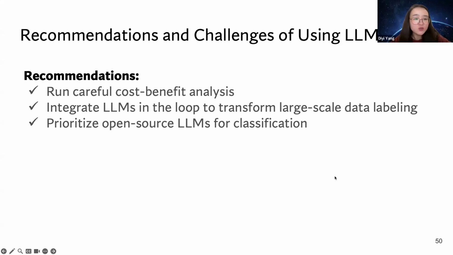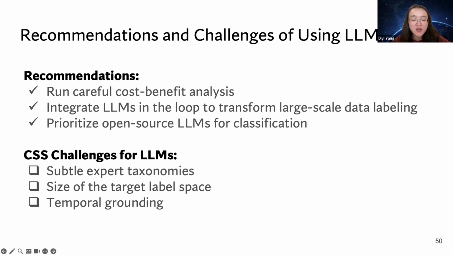And it's very important to do a cost-benefit analysis. On one side, we could benefit from improved scalability and efficiency. On the other side, such annotation from large language models may not be very accurate. We could consider integrating large language models in the loop to transform large-scale data labeling. And also, if you remember the contrast between open source large language models and the API-based models, the performance was not significantly different. So we could also prioritize open source models for classification.